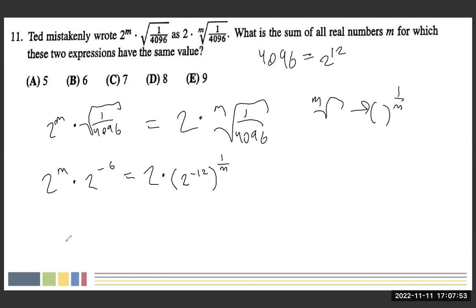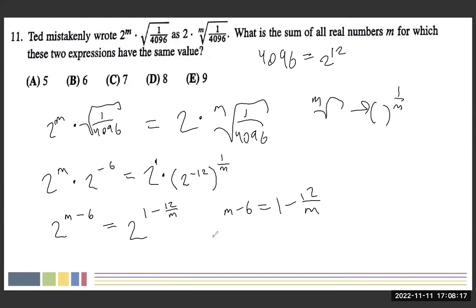Okay, so now we're getting somewhere because by exponent rules, this is 2 to the m minus 6, and using exponent rules over here, this is negative 12 over m. So this is 1 though, so we get 1 minus 12 over m. And then if we take the log base 2 of both sides, we just get this.